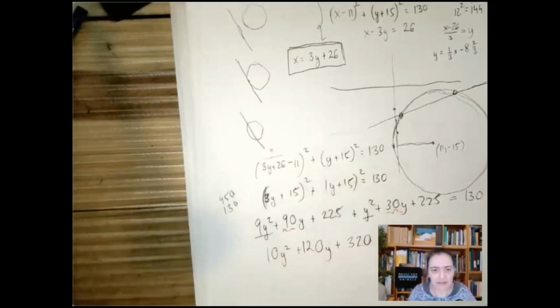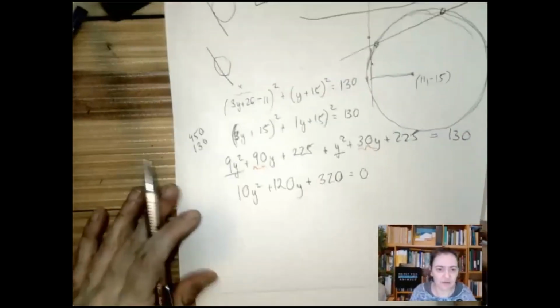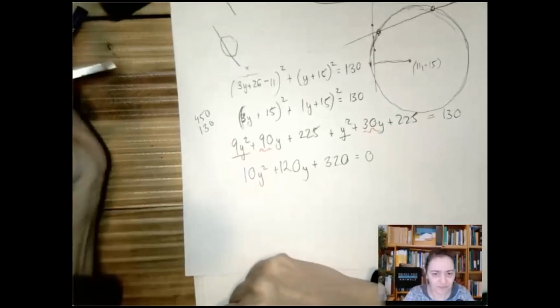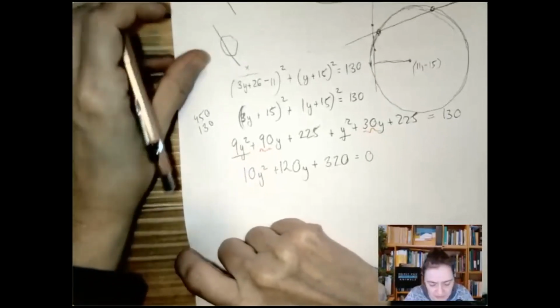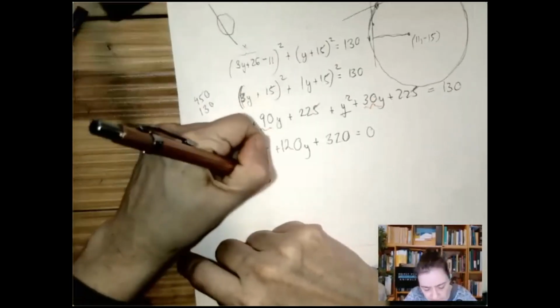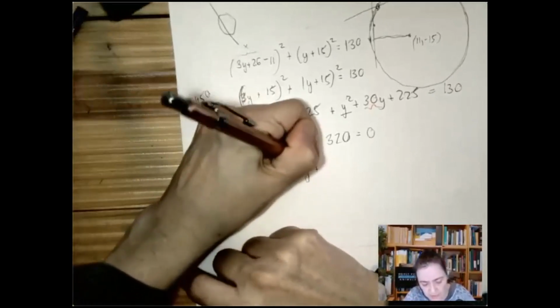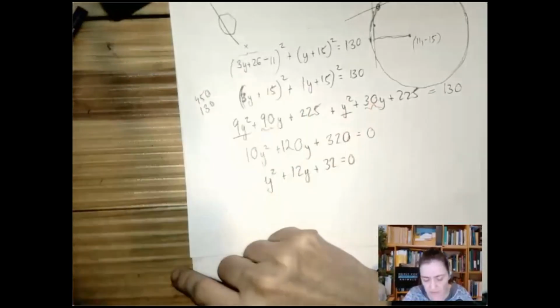I find that very encouraging that all 3 of these coefficients are divisible by 10. That's kind of comforting. So the numbers may be nicer than they appear now. We can divide the whole thing by 10 and we get y squared plus 12y plus 32 equals 0.